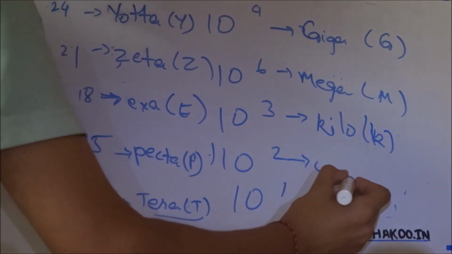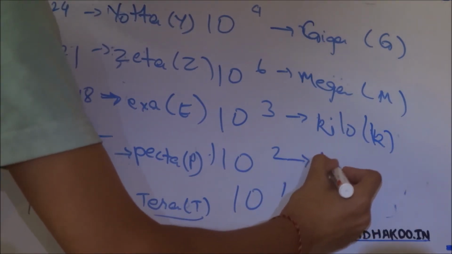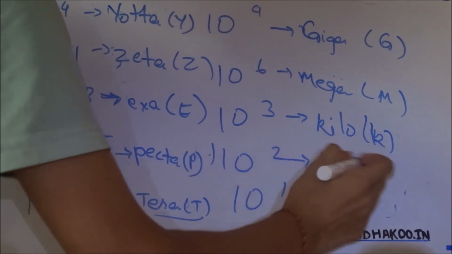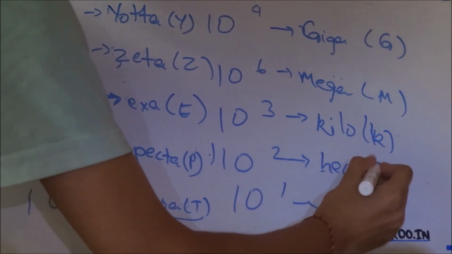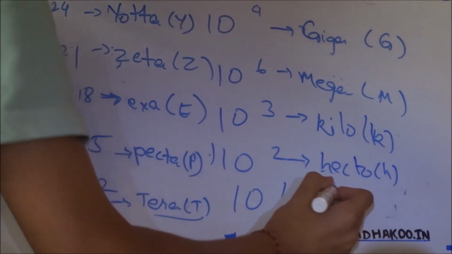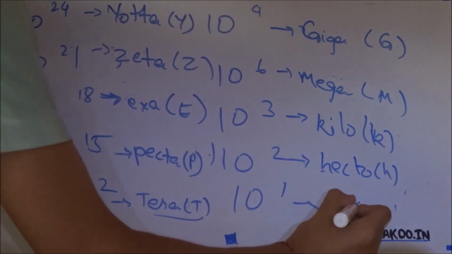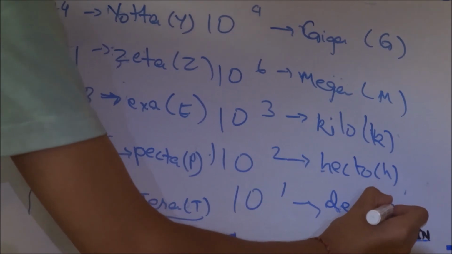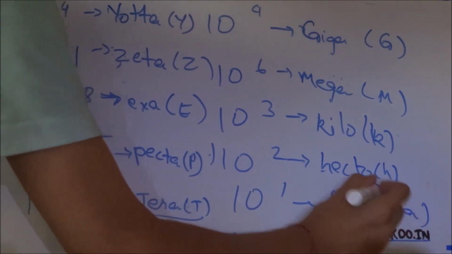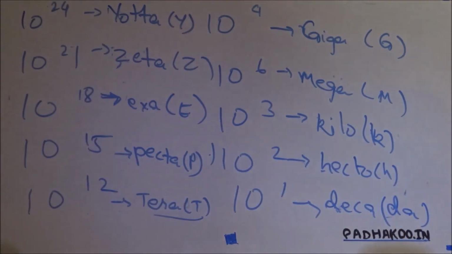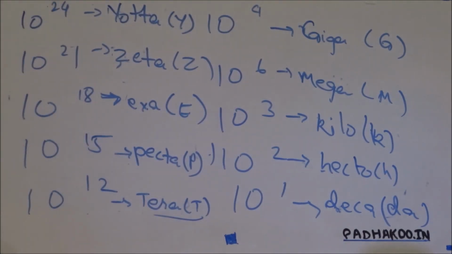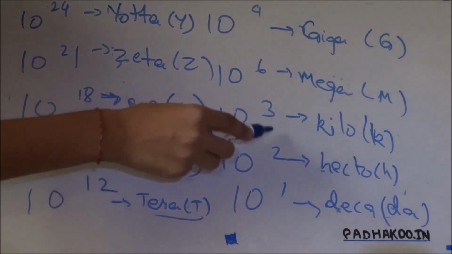Remember that. Kilo, hecto, and there is one more, deca. Okay. So you can all understand that if you have to define 1 kilometer, that is 1,000 meters. 10 to the power of 3 goes for 1,000.